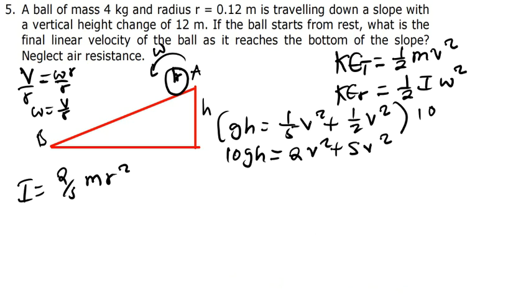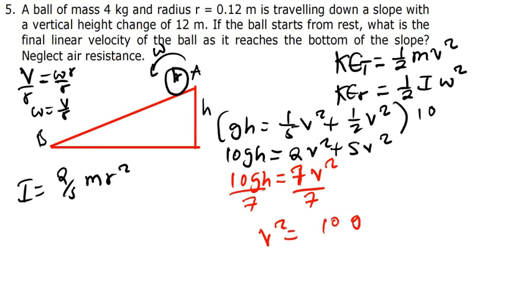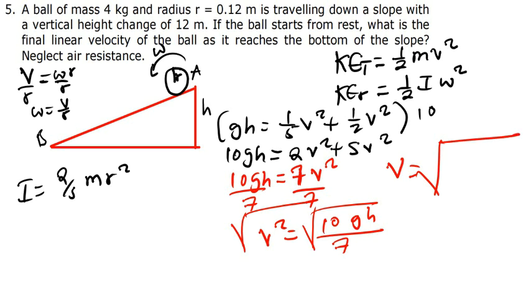So I can add these, and that becomes 10gh equals 7v squared. Divide both sides by 7, then v squared is equal to 10gh divided by 7. So I can take square roots of both sides: v becomes the square root of 10gh divided by 7.